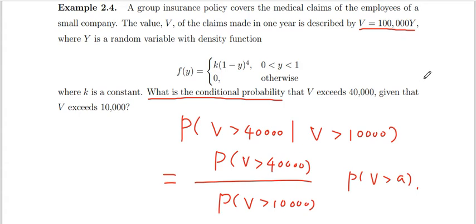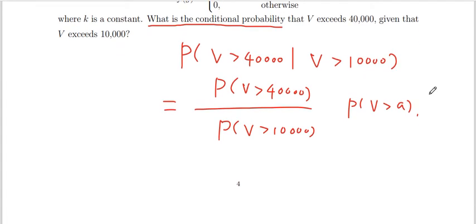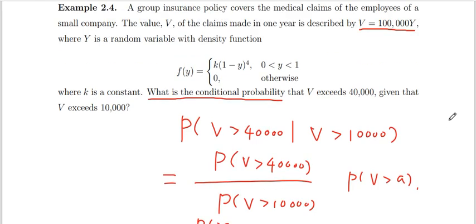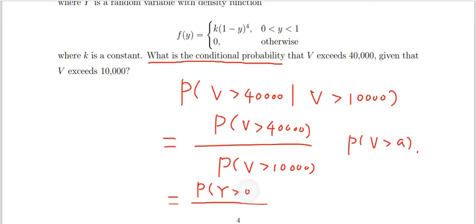So the first one, in terms of y, is y larger than 0.4, right? Yeah, 0.4, so v equals that. And y larger than 0.1. So we just check y larger than a.